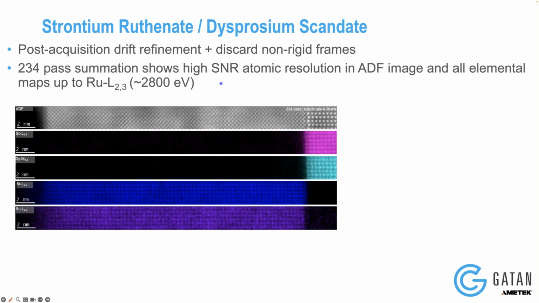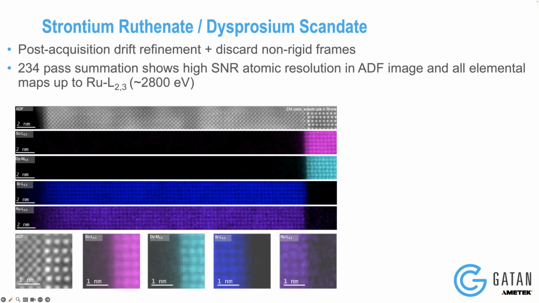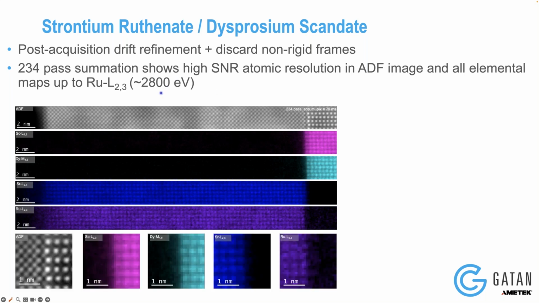So we get high SNR atomic resolution in everything here, right? The ADF image and all of our maps, even up to ruthenium L at 2800 eV. This is just raw summed areal density. There is no denoising, no filtering in this data whatsoever. You can see the distortion in the unit cell of dysprosium scandate in the ADF.